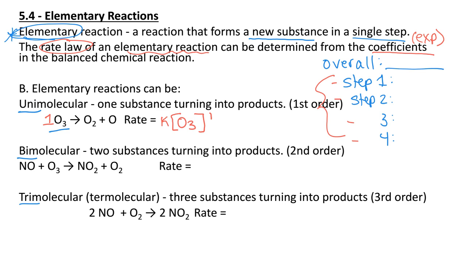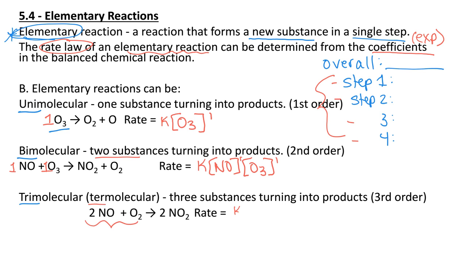Bimolecular elementary reactions have two substances turning into products. So the rate law here would be rate equals k times [NO]. We're just going to take each of our reactants here and take those coefficients and turn them into our exponents. Trimolecular, also called termolecular, is when we have 3 reactants.